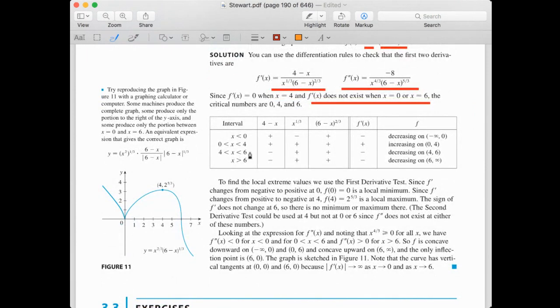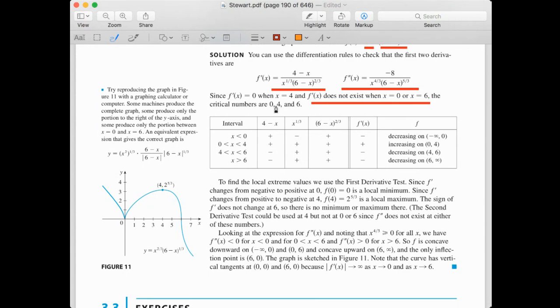So we will consider from negative infinity up to 0. We can represent the interval in this case as x less than 0, that means from negative infinity up to 0. Then x in between 0 and 4, we can write as (0, 4). x in between 4 and 6, we can write as (4, 6).